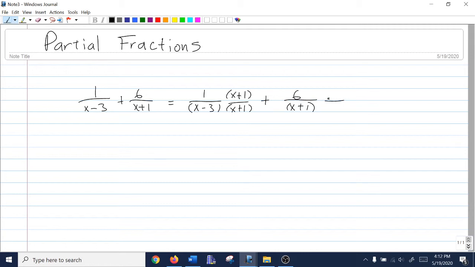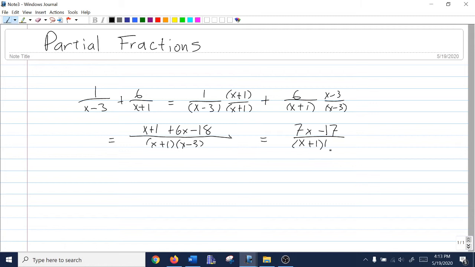The second one I put an x minus 3 on top and bottom. This becomes, now over a common denominator, x plus 1 from the first one plus 6x minus 18 from the second one. I end up with 7x minus 17 over x plus 1, x minus 3. Hooray, we know how to add fractions.